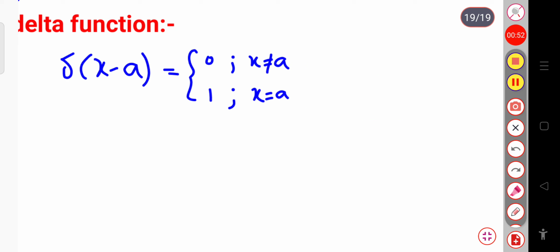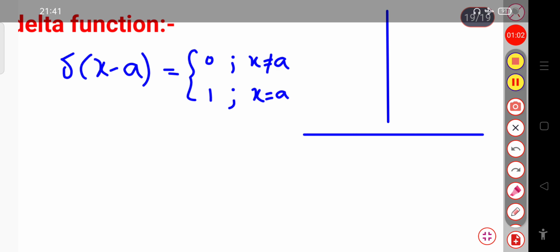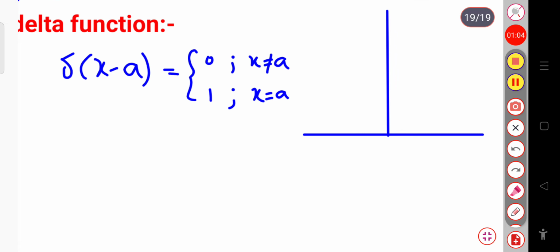Now if I plot a graph for the Dirac delta function, suppose this is the x-axis and this is the delta axis. Here I will write this represents the x-axis and this represents the delta axis, or let me write, this is delta of x minus a.